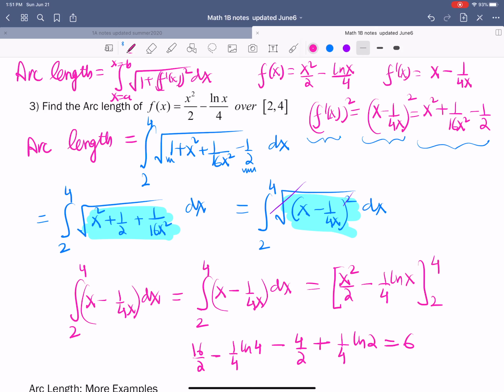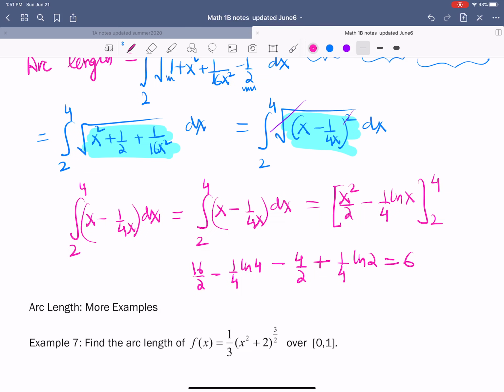So we can do a little more manipulation here. Natural log of 4, can I write this as natural log of 2 squared? So this would actually become negative 2/4 natural log of 2.